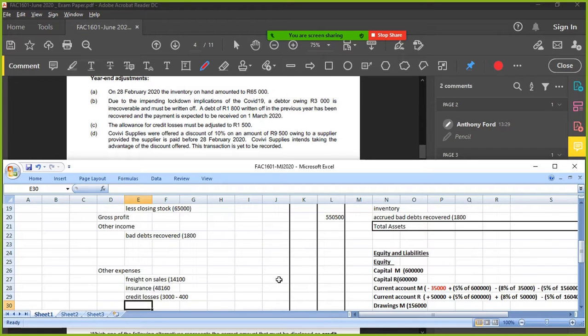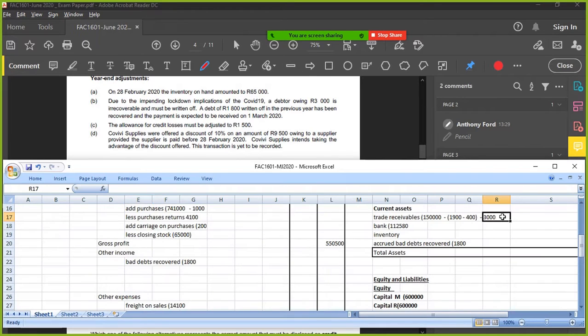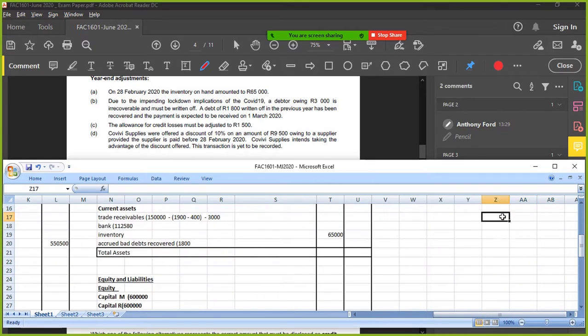You're adjusting for the allowance. So you're debiting the allowance for credit losses and you're crediting the bad debts. I'm reducing the allowance, making it 1.5 from 1.9. So that's complete.